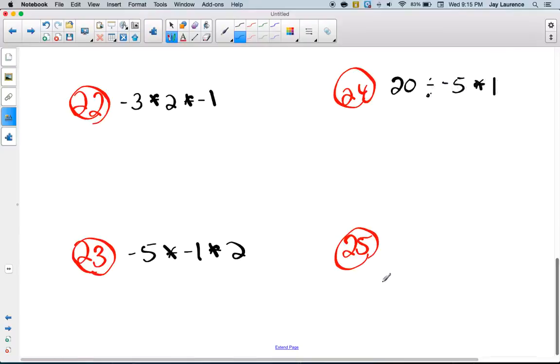And then last but not least, we're going to go with negative 40 divided by 10 times negative 2 times 2. All right, try those 4 problems. Pause the video, get them checked.